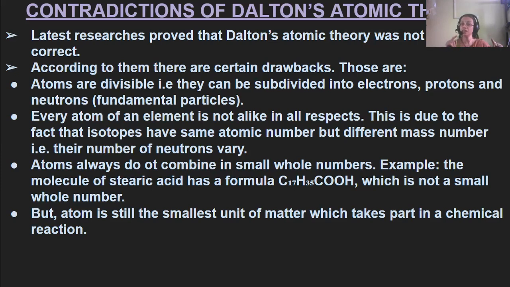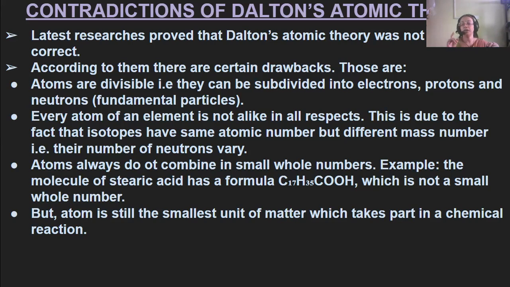But according to the latest researches, it is proved that every atom of an element is not alike in all respects. This is due to the fact that there are isotopes, having the same atomic number, but their mass number may differ. That is, the number of neutrons may vary, and accordingly their mass numbers differ. So here also Dalton's atomic theory is proved wrong.